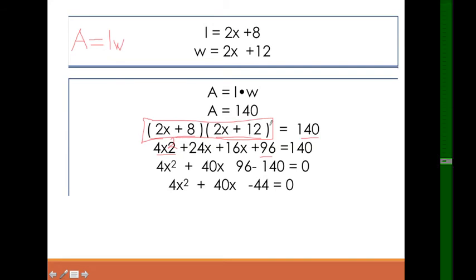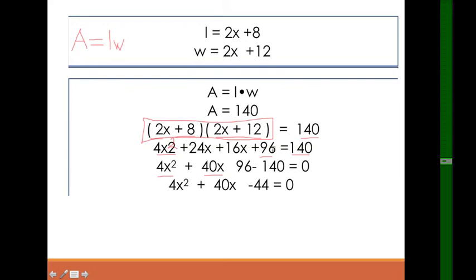So, to know this, you should learn or review your multiplication of polynomials. Okay? Next, 24x plus 16x is 40x. Then bring down 4x squared and this is 96. And then, we will transpose 140.